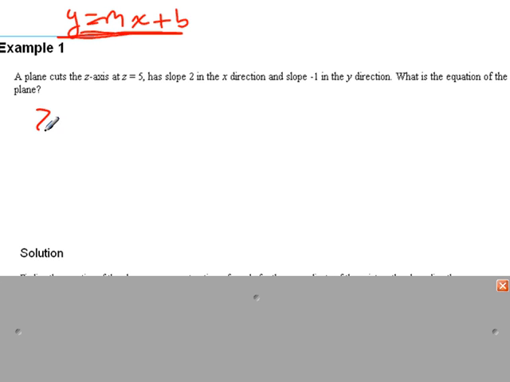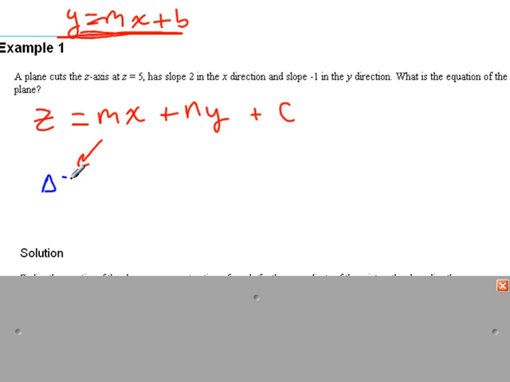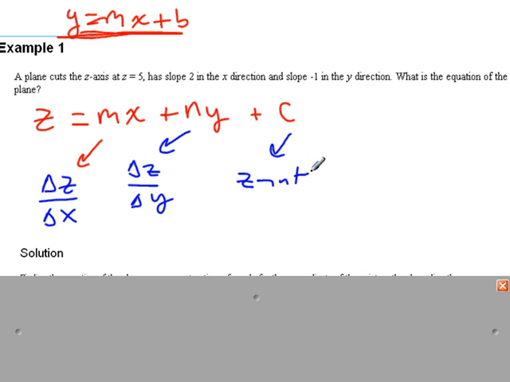For a plane, you're going to get z equals mx, but there's also y's in here, so ny plus c, where m is the change in z with respect to x, n is the change in z with respect to y, and c is our z-intercept.